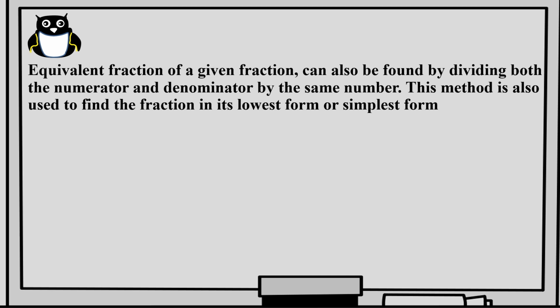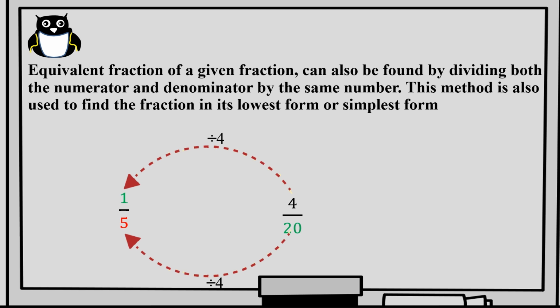An equivalent fraction of a given fraction can also be found by dividing both the numerator and denominator by the same number. This method is also used to find the fraction in its lowest form or simplest form. I'll take up the same example which I had done in the previous case, but I'll do it in the reverse way. That is 4 by 20. I'll divide 4, the numerator, by 4 to get 1, and 20 divided by 4 to get 5.